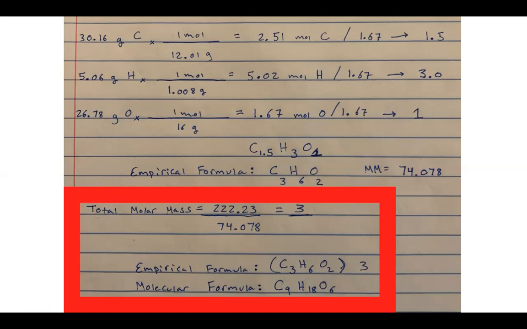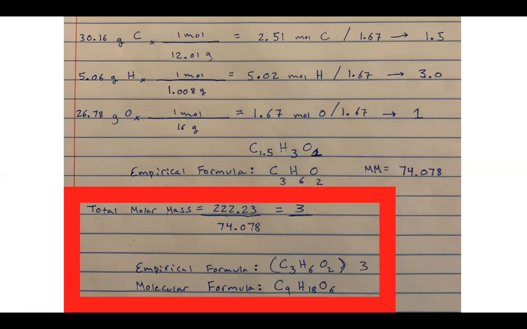They will give you that, okay? And we're going to divide it by the molar mass of our empirical formula, right? So our empirical formula is C3H6O2. That molar mass would be about 74. And so we're going to take the overall molar mass, 222, divide it by the molar mass of our empirical formula, 74, and that'll get us the quotient of 3.